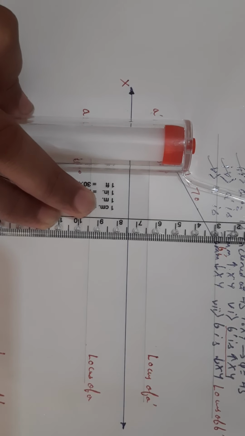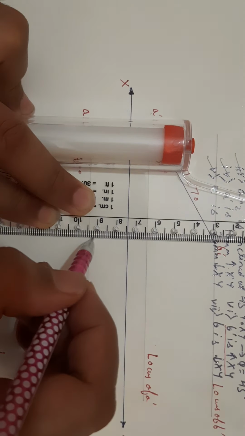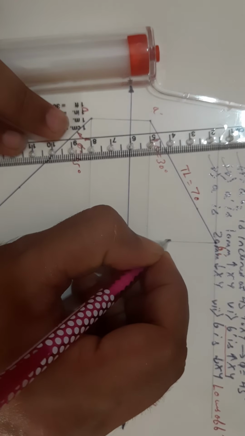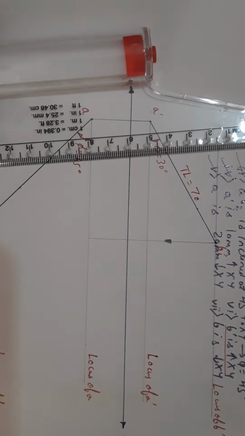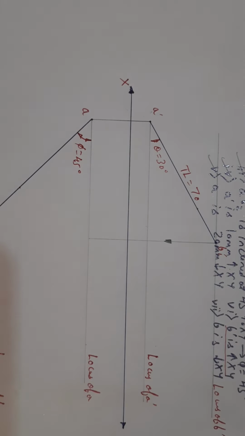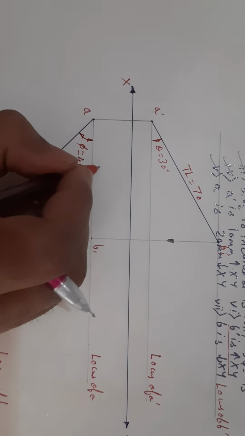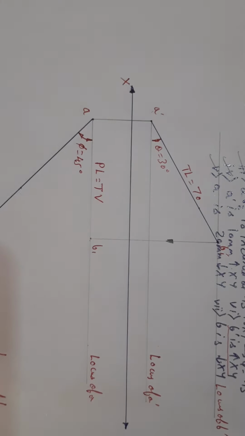So friends, here it is. Yes, if I mark it, it will come down straight away over here. And once you are marking it, please don't forget to show the arrow on the particular projection line. Yes, and this other point that I have got, I will be naming as B1, which is called the plan length. It is also equal to the top view length.